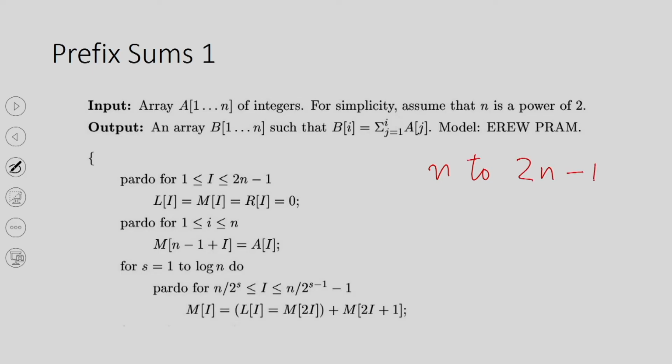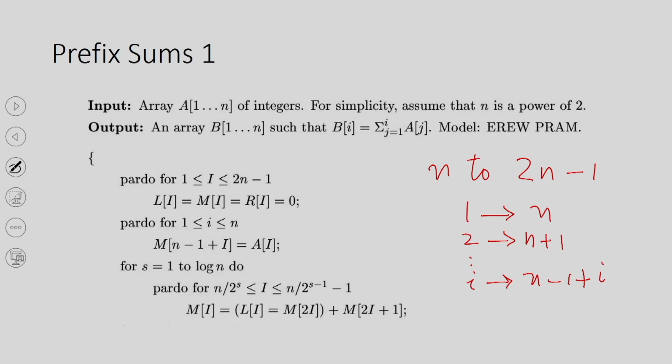So, leaf 1 will occupy position n, leaf 2 will occupy position n plus 1 and so on. So, in general leaf i will occupy position n minus 1 plus i. This is exactly as in the previous algorithm. The ith element of the array is copied into the ith leaf of the tree.